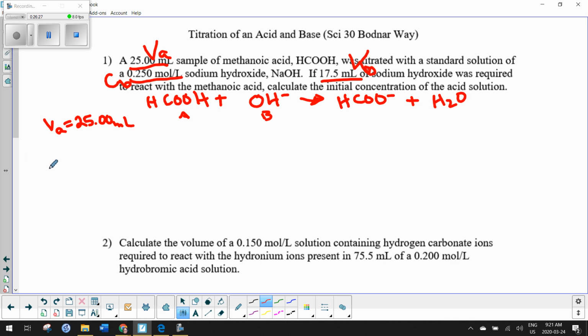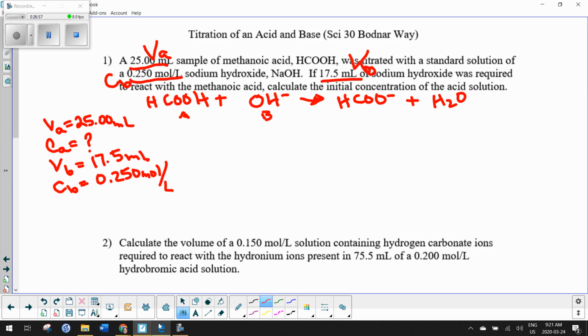Leave some space because we want the CA and the VA to be together. Actually, let's just write it. Now we have VB, so we have VB way over here. 17.5 milliliters. And then my CB, 0.250 moles per liter. So this is the one that we're trying to solve for.